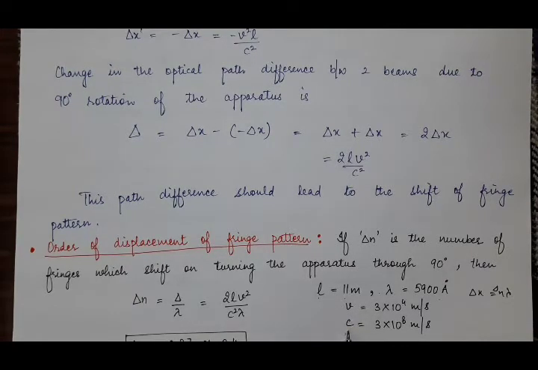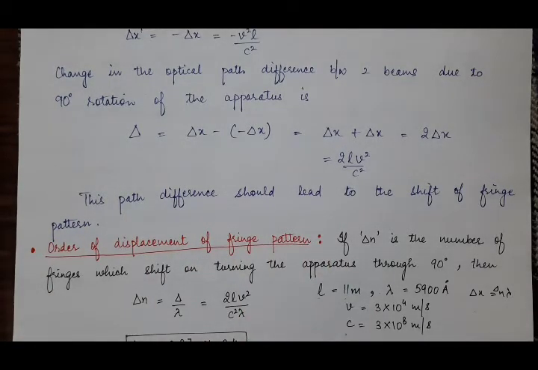So putting all these values, the fringe shift that was expected by Michelson and Morley was approximately 0.4. So according to Michelson and Morley, if the ether medium actually exists, then there should be a fringe shift of 0.4.